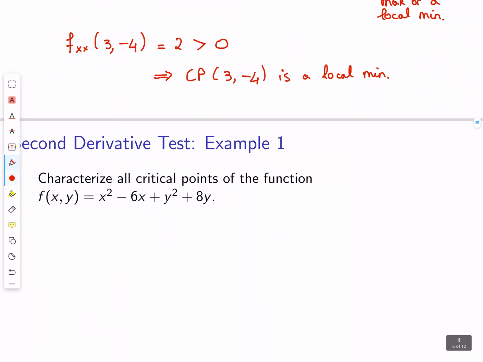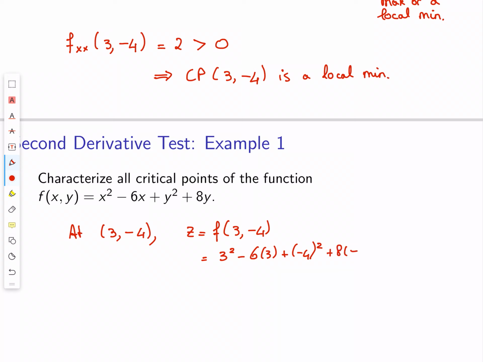At the point (3, -4), we have z is equal to f at (3, -4), which is equal to 3 squared minus 6 times 3 plus (-4) squared plus 8 times (-4), which is equal to 9 minus 18 plus 16 minus 32.